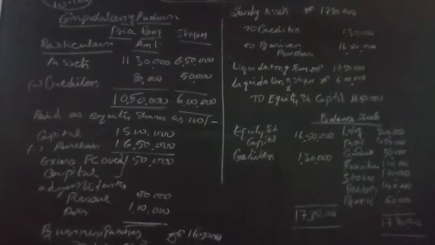If there is a difference in the second entry, the difference on the debit side is supposed to be considered as goodwill, and the difference on the credit side should be considered as capital reserve. So we should always keep in mind that the difference in entry number 2 will be either goodwill or capital reserve, and accordingly that should be entered in the final balance sheet.